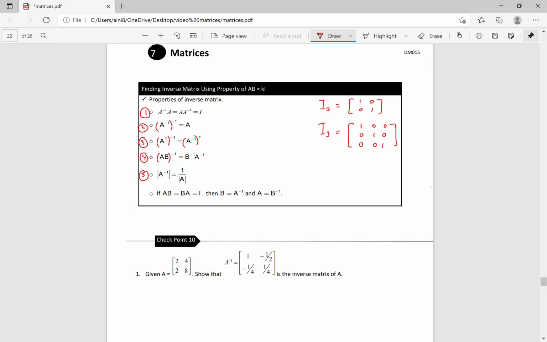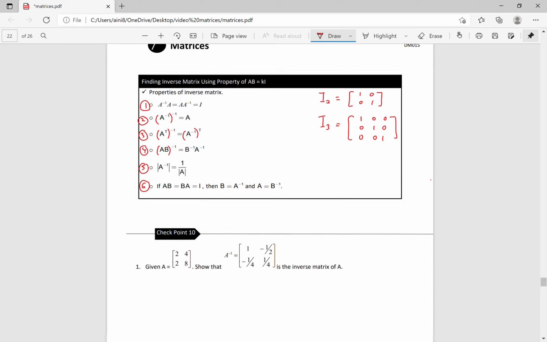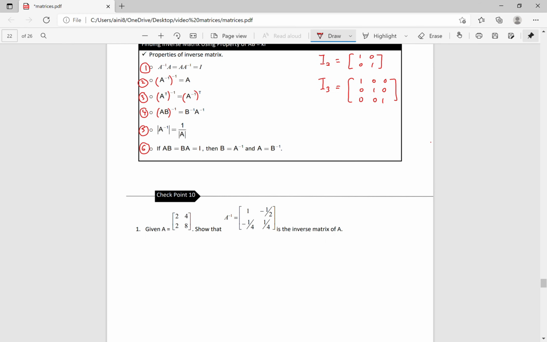And then the determinant of A inverse equals 1 over determinant of A. And the last one, if A times B equals B times A equals identity, then B equals A inverse and A equals B inverse. Okay, look at checkpoint 10. Given A equals 2, 4, 2, 8, show that A inverse, 1, -1 over 2, -1 over 4, and 1 over 4, is the inverse matrix of A.